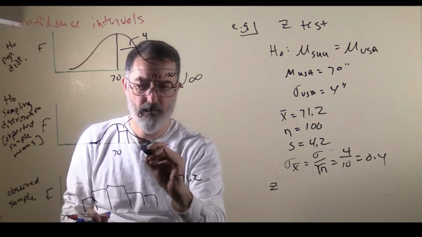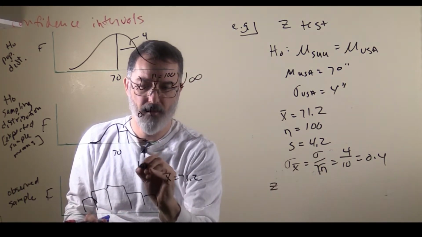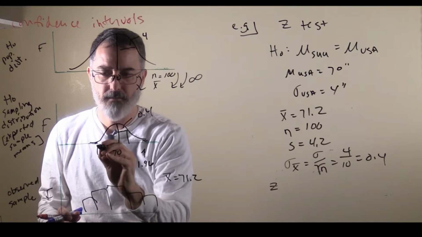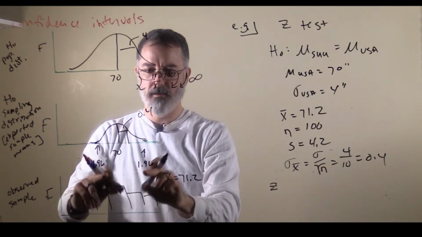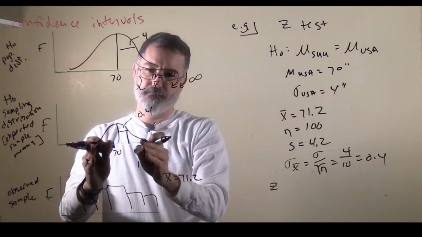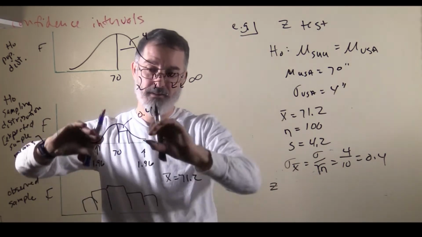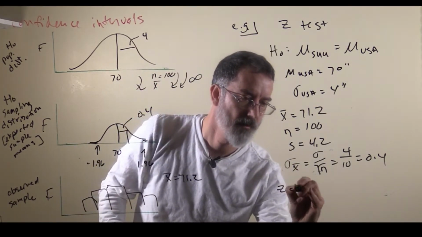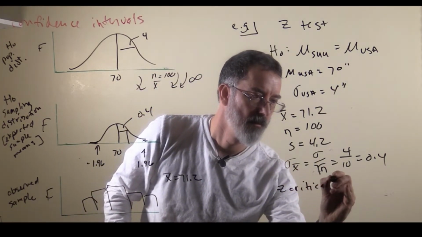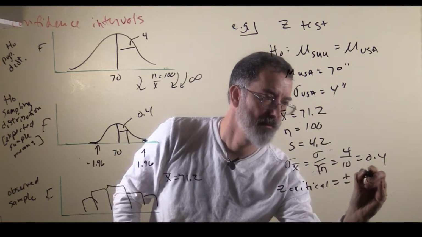And so we had our z critical value up here of 1.96, our z critical value over here of negative 1.96, right? Because that's the z-score that has 2.5% on either side. So together they have 5%. So our z critical was plus or minus 1.96.